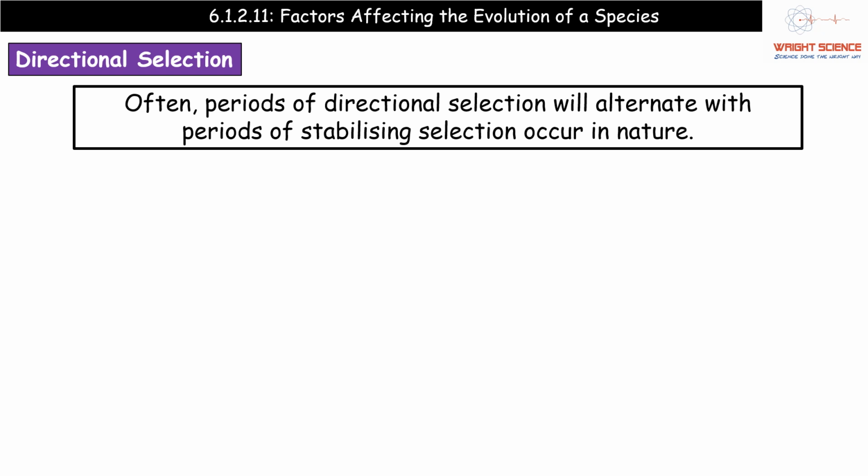And what we tend to find is that once we've had that directional selection occur, we then get a stabilizing selection period. That will stay in place as long as this environment remains unchanged. But if we get another environmental change, then back to the directional selection. So what we can see is this shifting between the directional and the stabilizing selection, depending on what's happening in the environment.